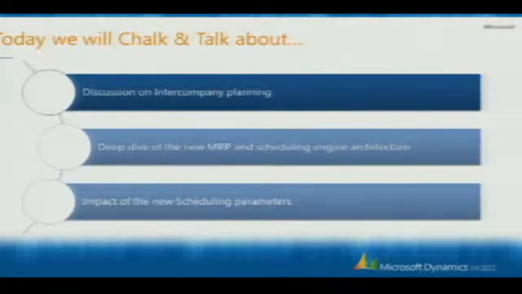We'll go through some of what has happened on intercompany planning. We'll go through the scheduling engine architecture, what has happened in that regard to MRP. And then if we have time, we'll go through a few scheduling parameters that we've added. But just shoot all your questions if you have them.